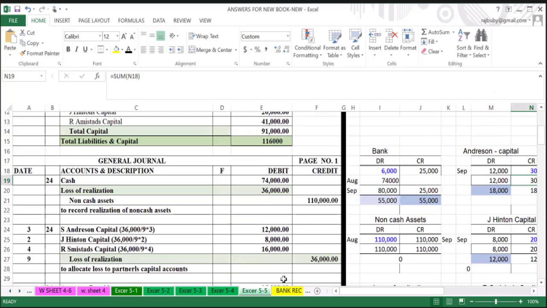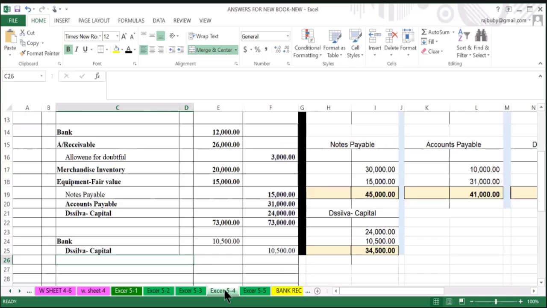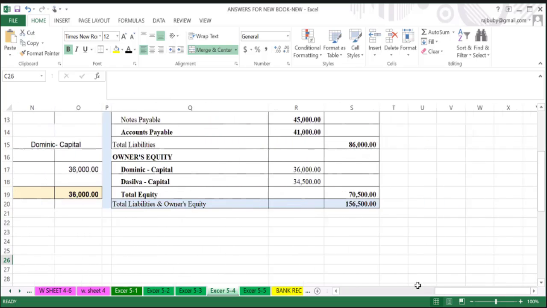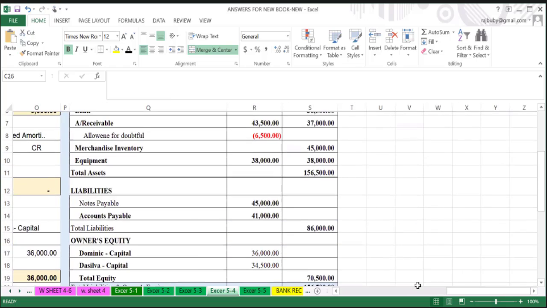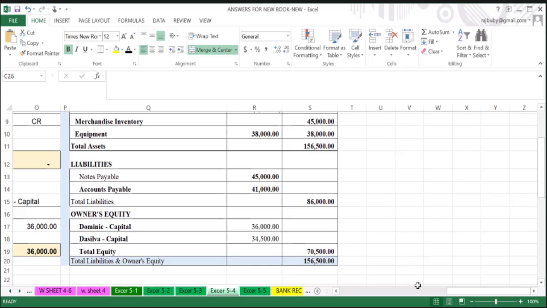I have a 10,000 difference in the balance sheet. I don't know, I miss something. Can you open that one? Yes, it is.